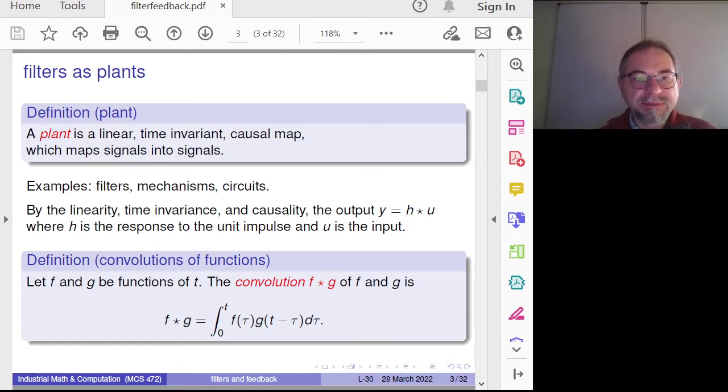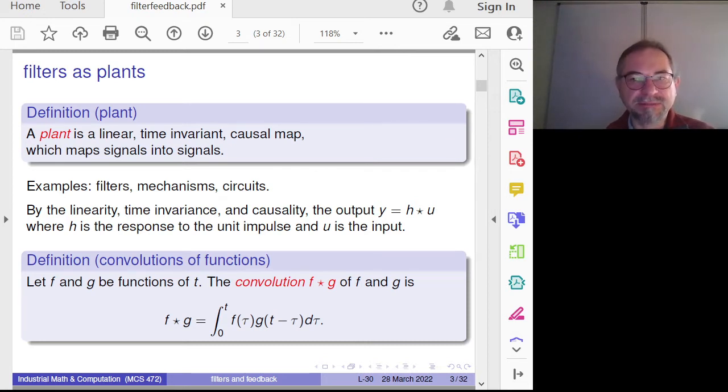So linearity means that the output of a linear combination of inputs is the linear combination of the outputs of the components in the input signal.